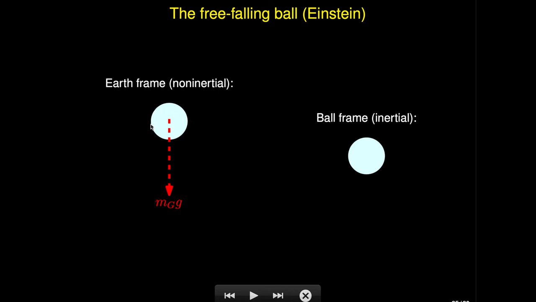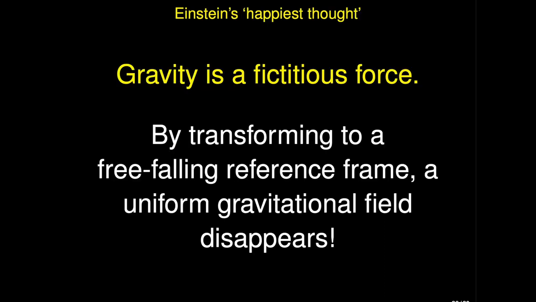The force that we call gravity, that appears to pull the ball to the earth, is actually a fictitious force. And that's why it's always proportional to mass. Yes, we know by definition of gravitational field that it's proportional to gravitational mass, but that's why it's proportional to the inertial mass too, because it's not a real force, it's fictitious. And like all fictitious forces, it must be proportional to the inertial mass.